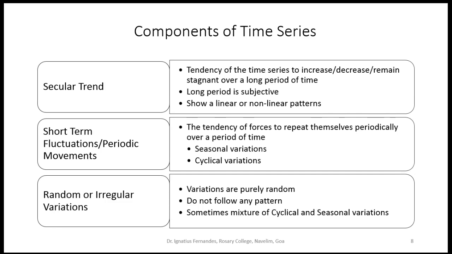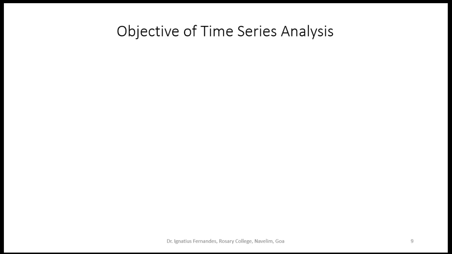So overall, when it comes to components of a time series, it can be divided into three categories: secular trend, short-term fluctuations or periodic movements, and the random or irregular variations. So whenever you want to represent a time series, it will be represented as a combination of these variations.